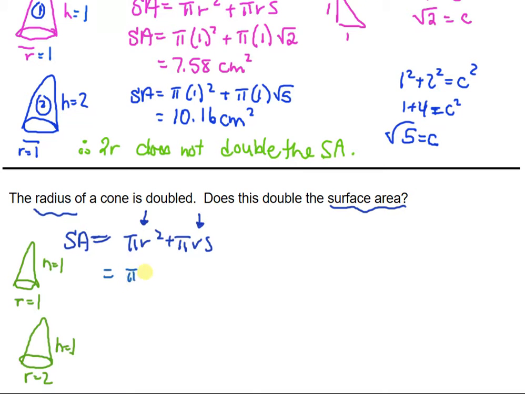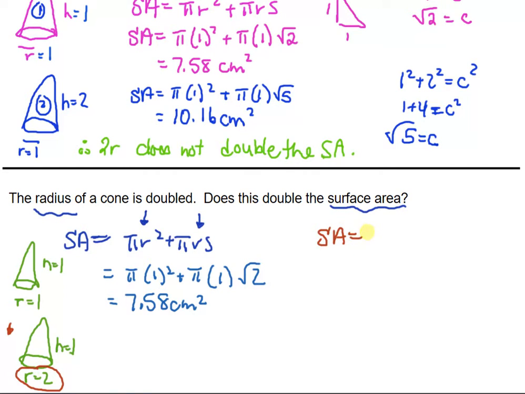So pi 1 squared plus pi 1, and then the slant for the 1, 1 from above is root 2. Okay, so same thing, 7.58 centimeters squared, and that's from above. Now, double the radius. So radius is 2.